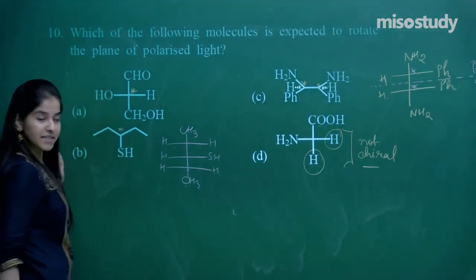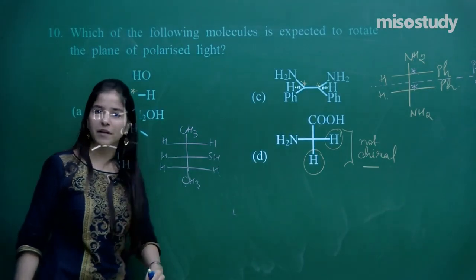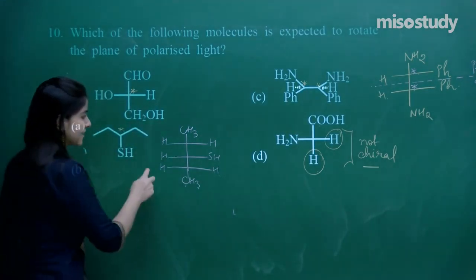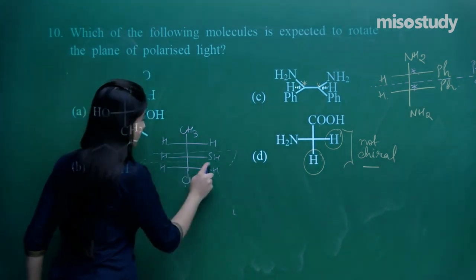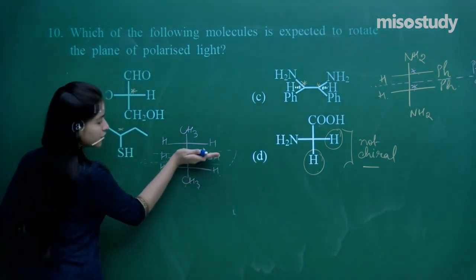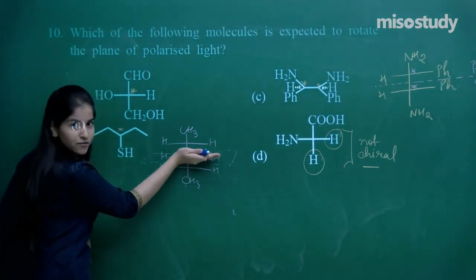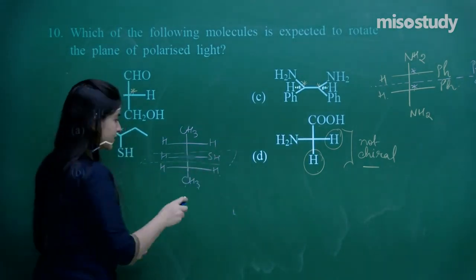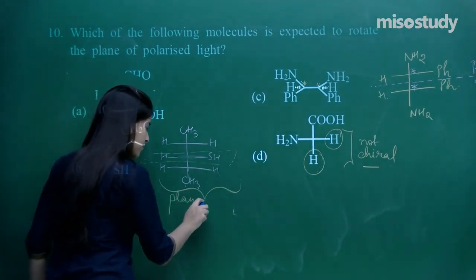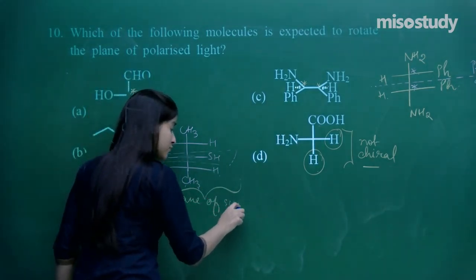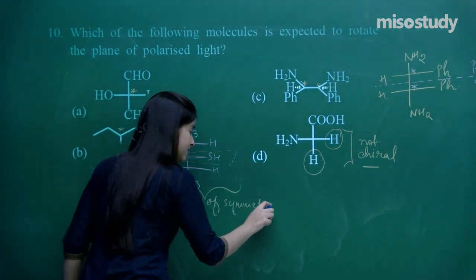So that is what it is. Can you see again a plane of symmetry? Definitely yes. That is also a meso compound. I have got a plane of symmetry cutting from here. This would be the axis of cut. So I hope you all have got this. This is having a plane of symmetry again. Making it what? Making it achiral.